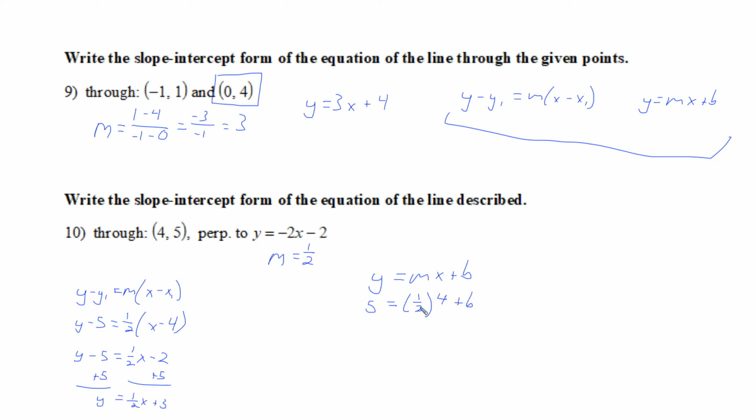We know this is equal to 2. This reduces. And then we could subtract that 2 from both sides. So b equals 3. Now that we know the slope and the y-intercept, we can write the equation of the line as y equals 1/2 x plus 3. Either way, we got the correct answer.